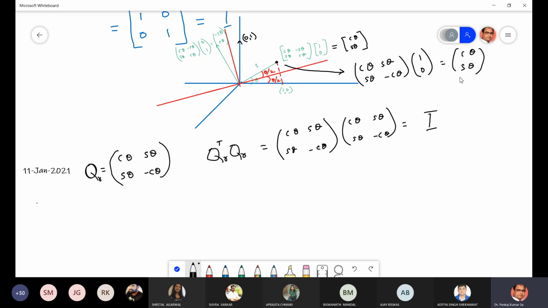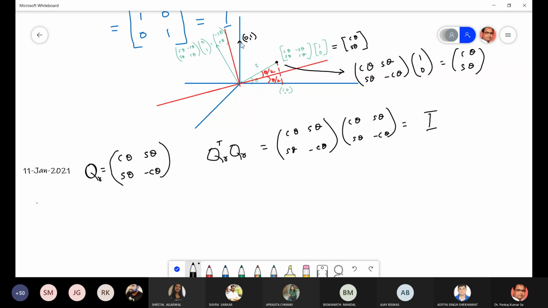Isn't it? It is the same point. So one thing for sure: this rotation and reflection about the origin by an angle theta for the vector 1 0 aren't different. They are the same.